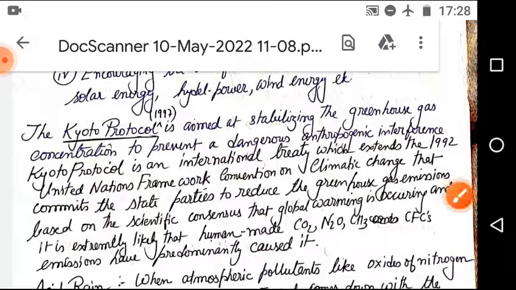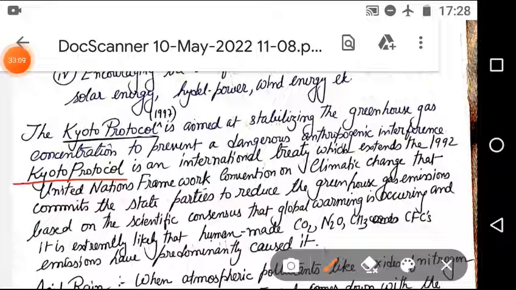So it is saying that the Kyoto Protocol is an international treaty, and this Kyoto Protocol is based on a conference, a meeting that was held by the United Nations Framework Convention on Climatic Change. That convention was set up by the United Nations, and in that conference they introduced this Kyoto Protocol, which commits the state parties, those who are signatories, those who have signed it, as members of this conference.